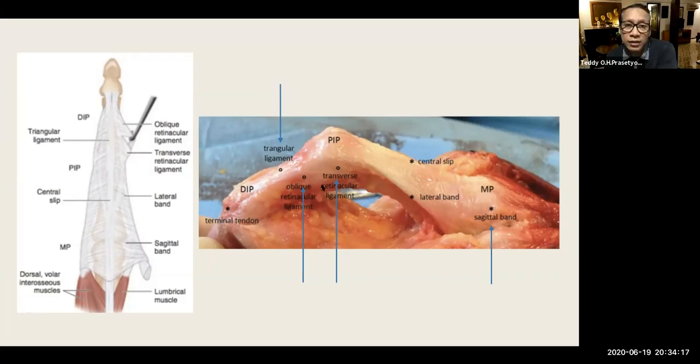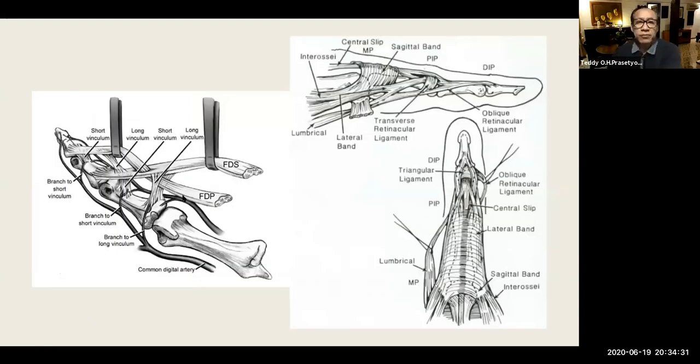So the function of this ORL is to keep harmony in the working or movement of the PIP and the DIP joint. All right. So this is just a recall of the flexor system, which is quite easy to remember, right? And when you compare it with the extensor system, it is much more complex.